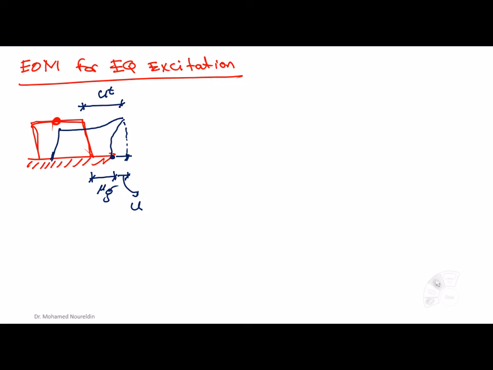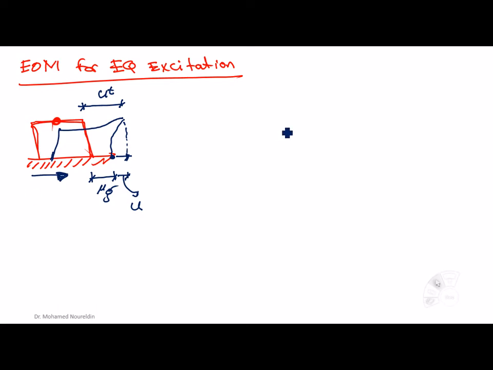Okay? So for our case, if we are going to derive the equation of motion for the earthquake excitation, whenever we have earthquake excitation at the bottom of any building, we're going to apply the concept of D'Alembert's.